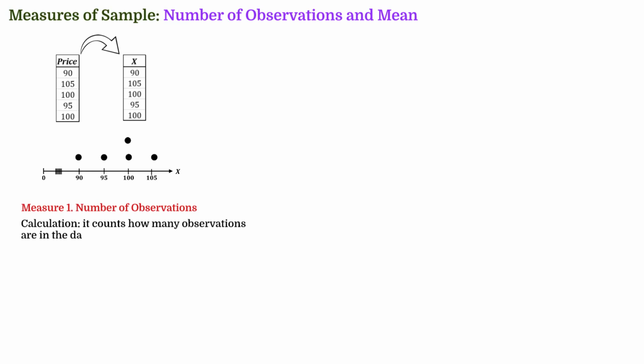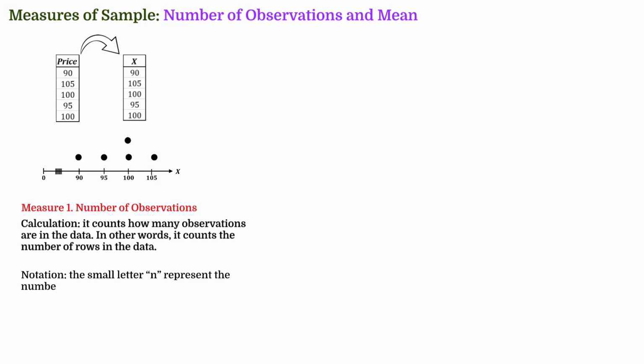The calculation counts how many observations are in the data. In other words, it counts the number of rows in the data. Notation, a small letter n represents the number of observations. For the variable x above, there are 5 observations. That means n is equal to 5.